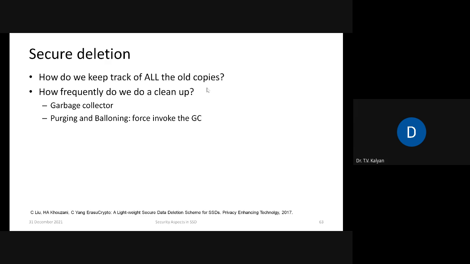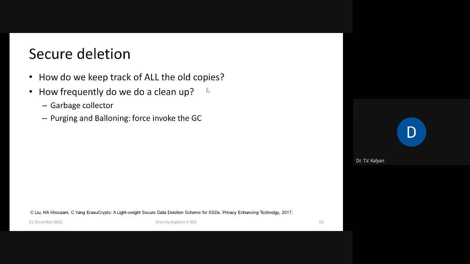Now, to handle such issues, there were a couple of techniques proposed, which are purging and ballooning. These are proposed to force invoke the garbage collector. So why do I need to wait till I have, let's say, 32 invalid pages? Why can't I do it before? The immediate effect of aggressive garbage collection is that the lifespan of the pages in this block will be reduced, because immediately the block will be erased, and all the valid pages will be moved to a different block.